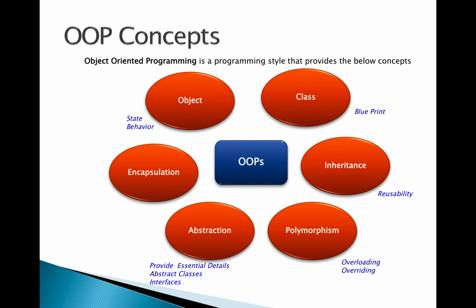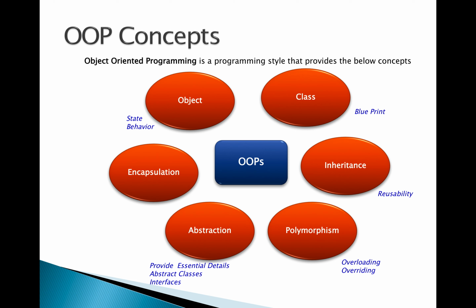Coming to abstraction, abstraction stands for providing essential details to the users. You don't need to provide unnecessary details. For example, take a car. All that I need to know about a car is how to drive it: how to steer, how to accelerate, how to brake, and how to adjust my gear.